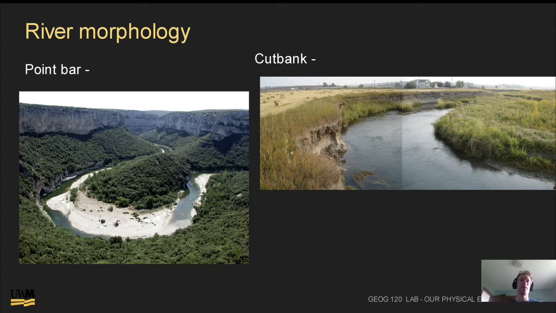It creates often really sandy bars, point bars, on the inside curve. This is opposed to the cut bank, which is basically the opposite. That water is going faster on the outside of the curve and erodes away the riverbank. So there's just greater friction between water and the riverbank itself, and it eats away at the outside curve.